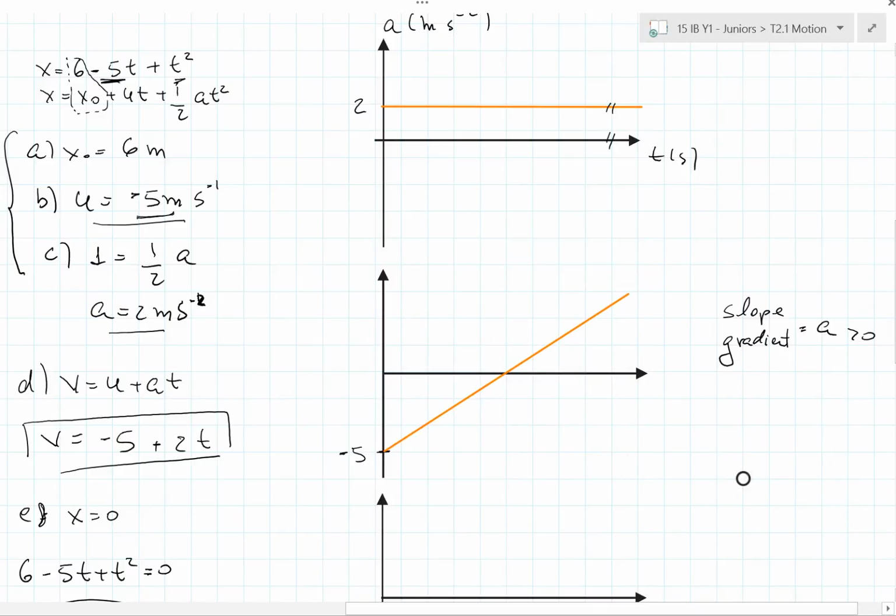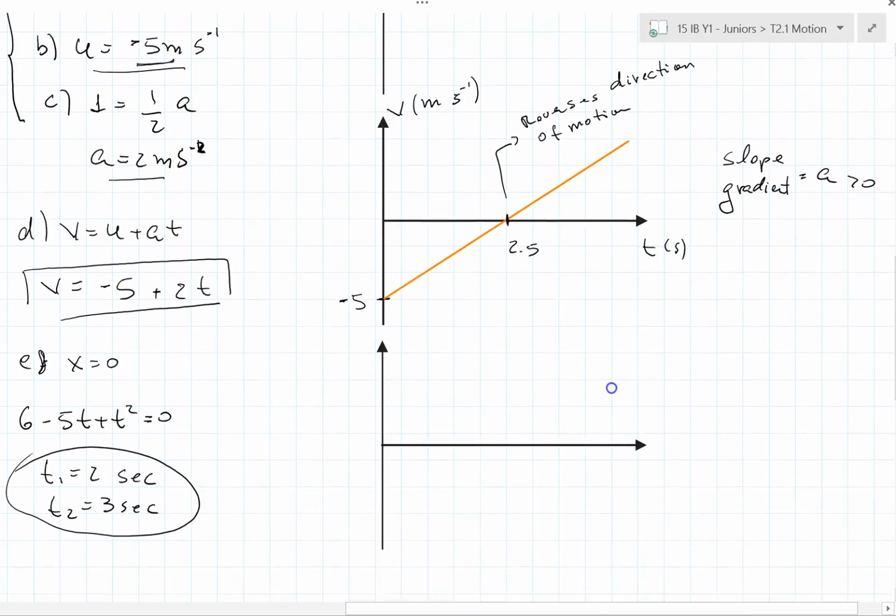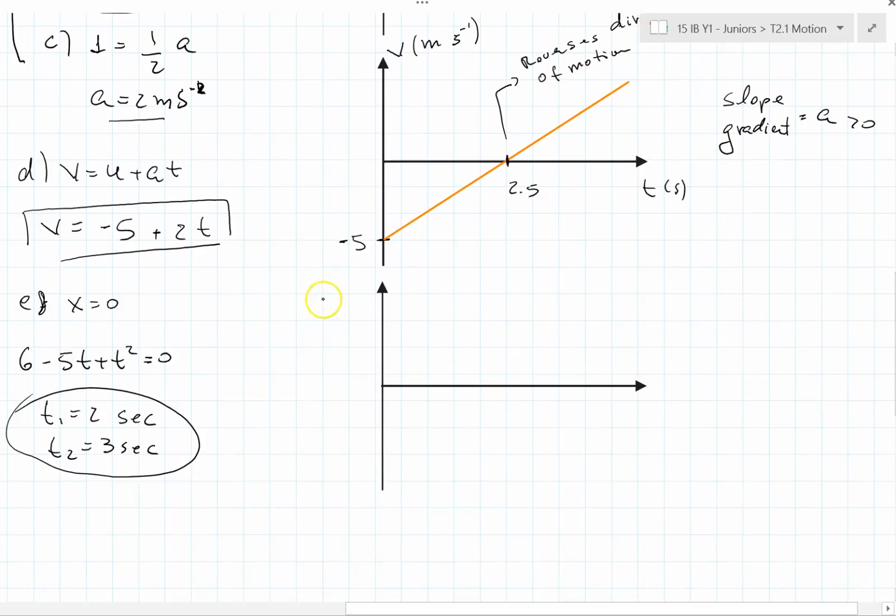This intersection here is the moment when the particle reverses direction of motion. And we have already calculated that this happens at 2.5 seconds. So then this would be a velocity versus time graph.